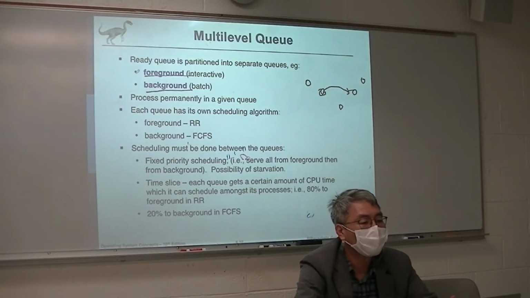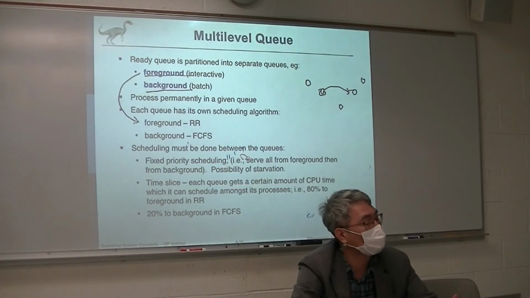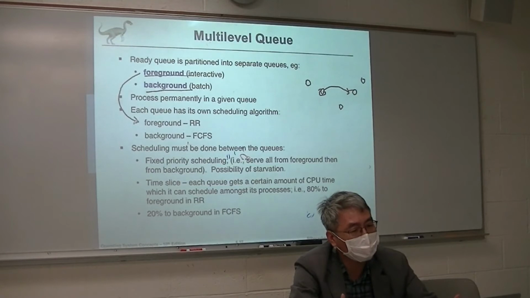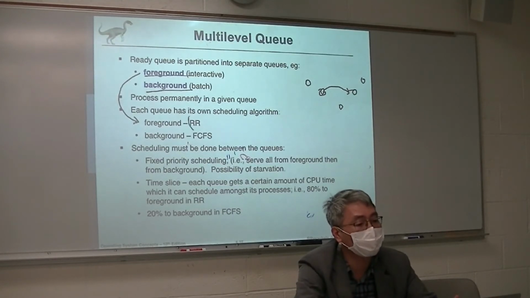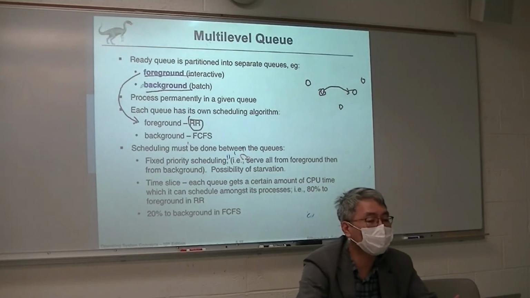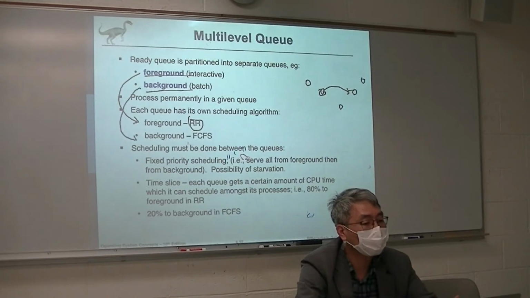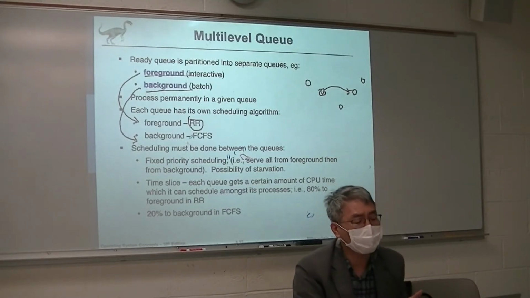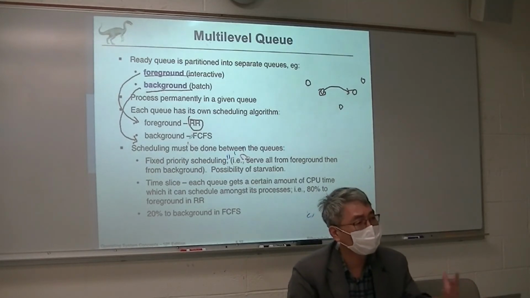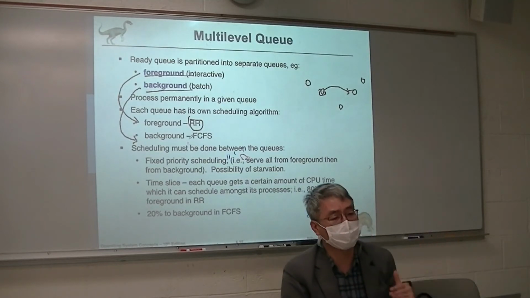For example, the foreground needs a quick response time. Which algorithm provides the quick response time? Round robin, right? And which algorithm provides the better turnaround time? First come, first serve. So depending on the type of process, can we apply a different algorithm?